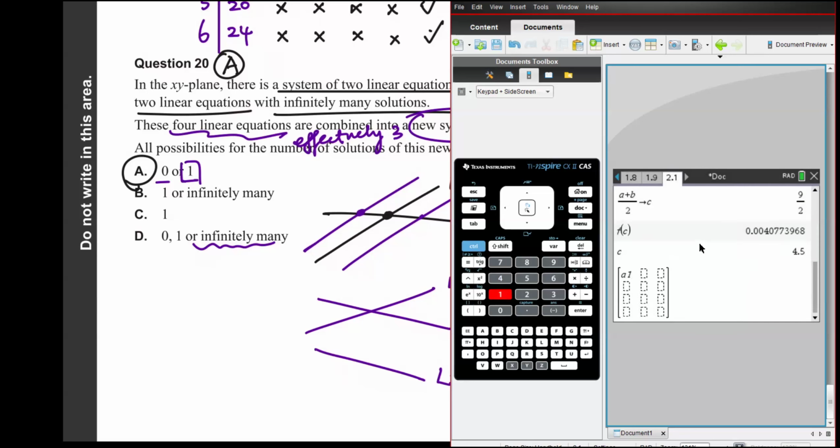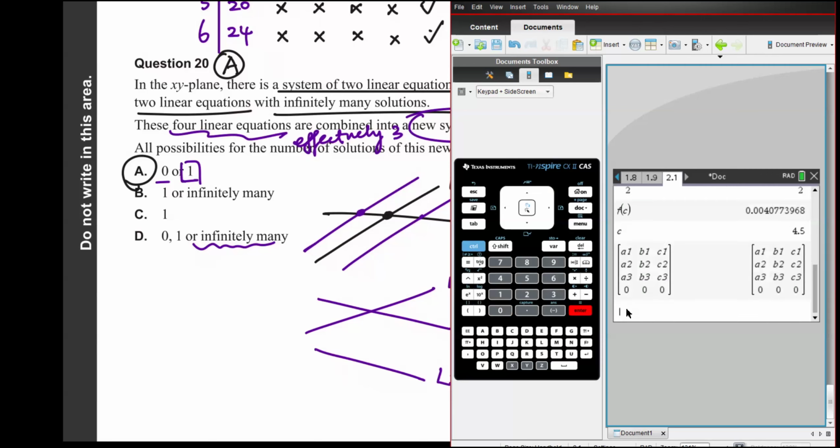And you might say this is A1, B1, C1. That represents A1x plus B1y equals C1. And you get A2, B2, C2, and you get A3, B3, C3. This is called an augmented matrix. And the last one is effectively 3 zeros.